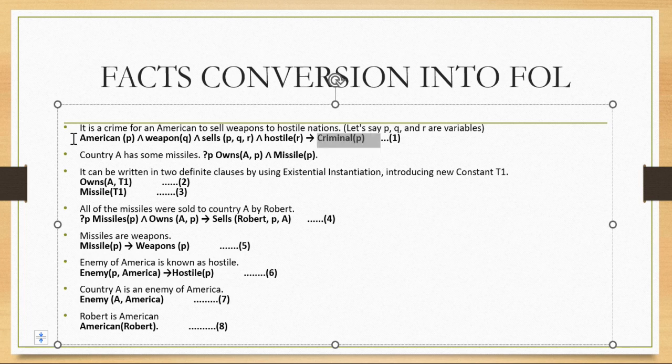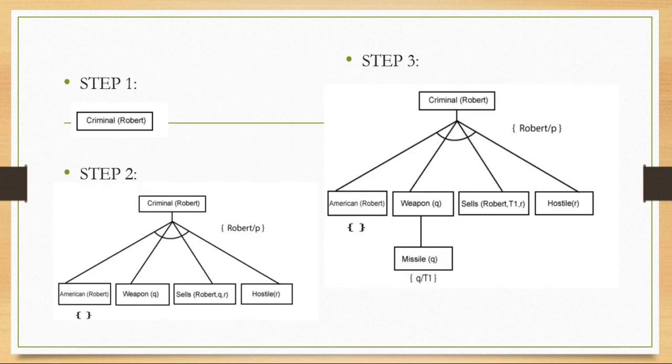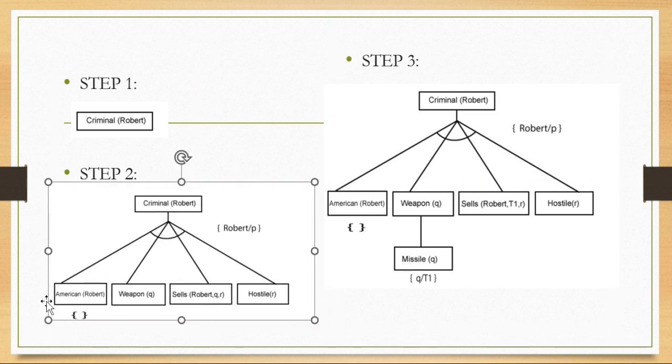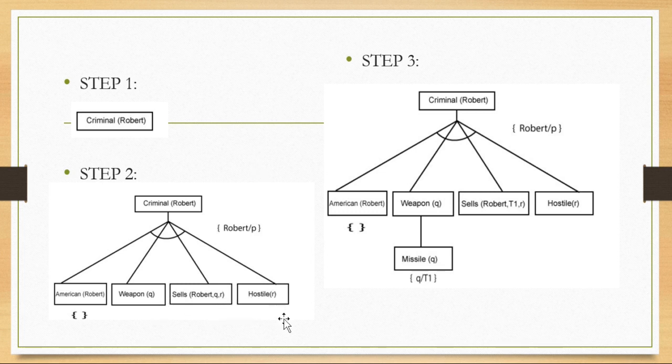So American(Robert), Weapon(Q), Sells(Robert, Q, R), and Hostile(R). Connect all of these in Criminal(Robert). These are all in the same statement, that's why we are using this connection: American(Robert), Weapon(Q), Sells(Robert, Q, R), and Hostile(R).